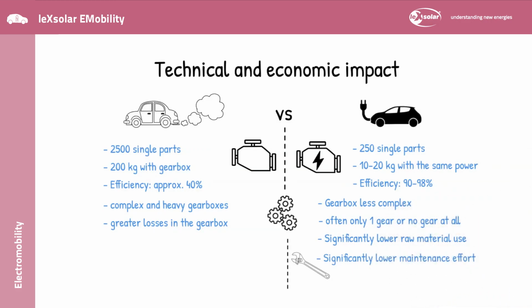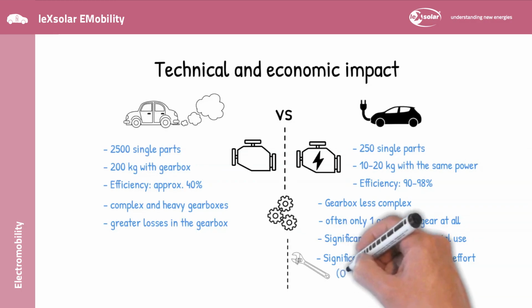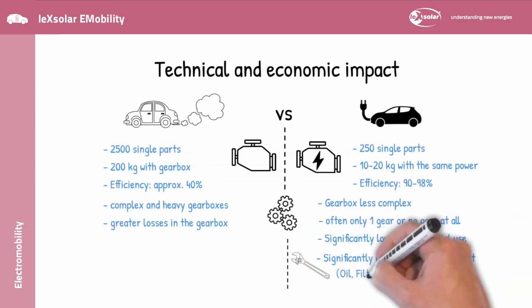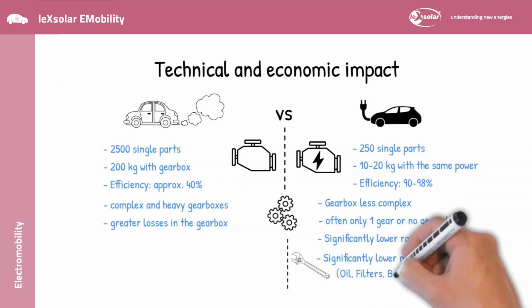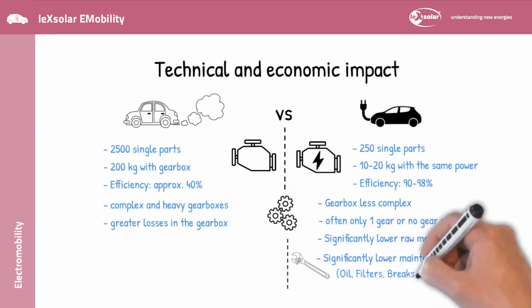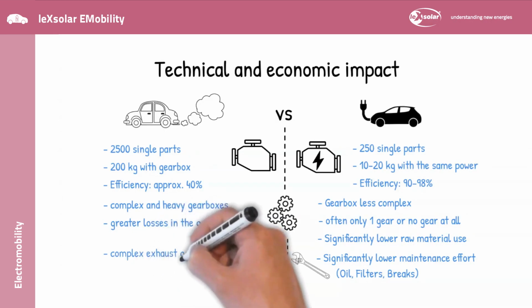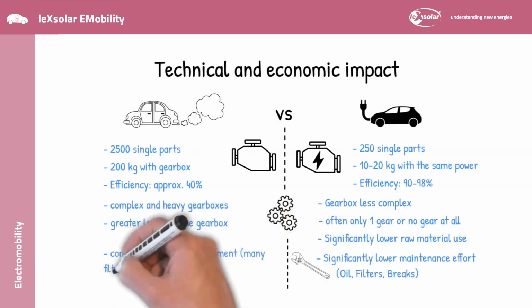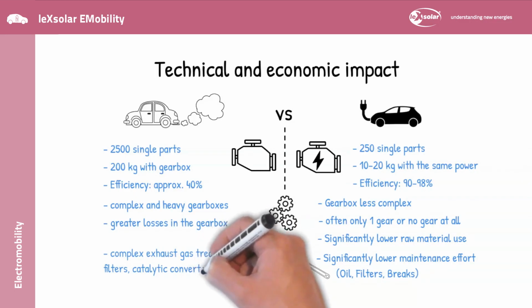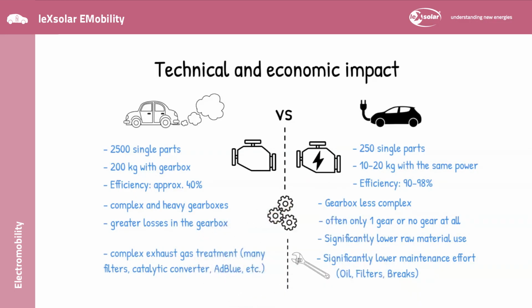The significantly simpler powertrain also reduces the effort and cost of maintenance and repair for the electric vehicle. For example, oil changes are no longer required. Air and oil filters no longer need to be replaced, and brake wear is also significantly reduced thanks to recuperation. The elimination of exhaust gas treatment also means that no AdBlue, new exhaust or new particulate filter is required.